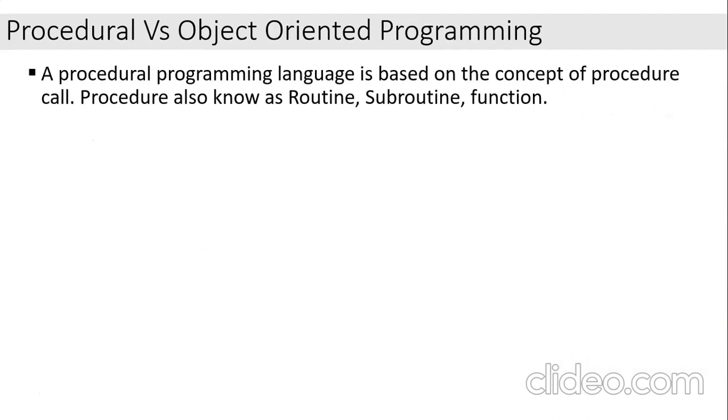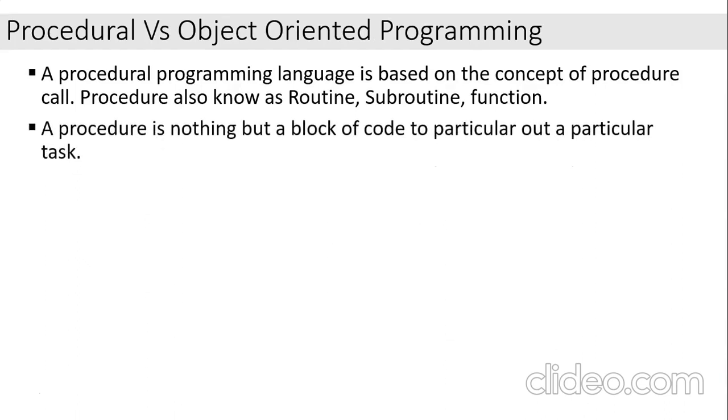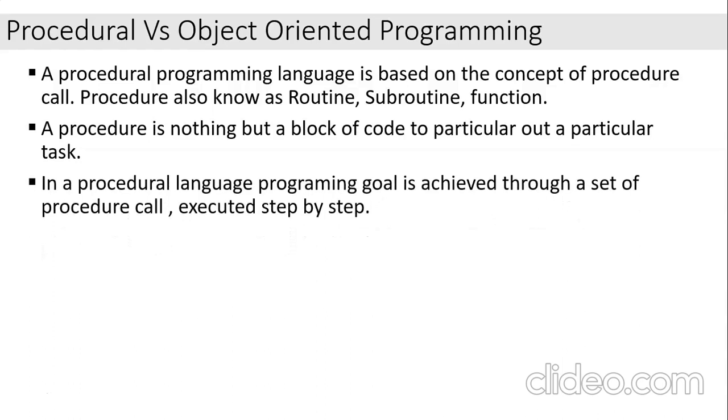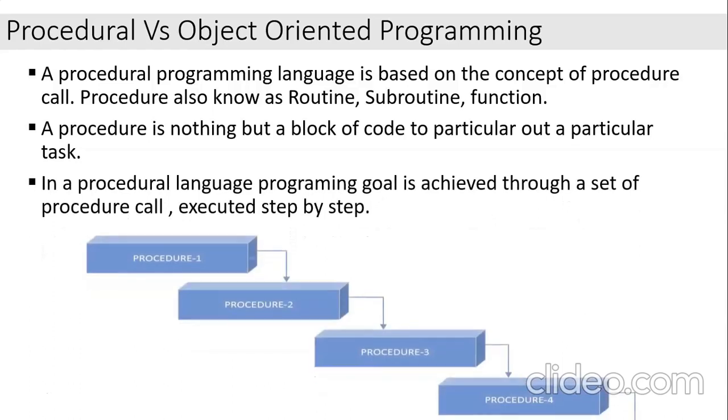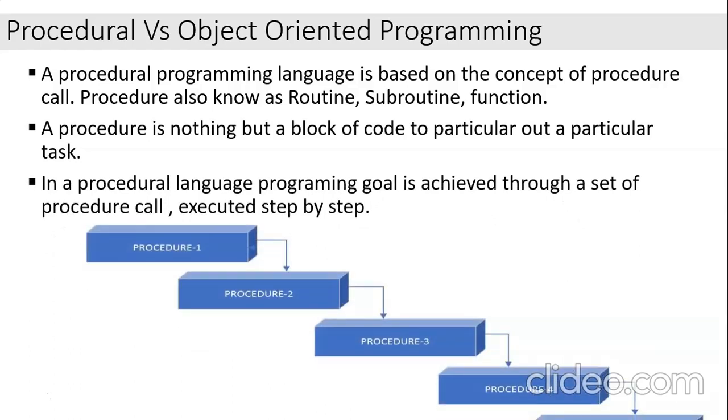A procedural programming language is based on the concept of procedure. A procedure is also known as a routine, subroutine, function, or method. A procedure is nothing but a block of code to perform a particular task. In a procedural language, the programming goal is achieved through a set of procedure calls, and procedure calls are executed step by step.